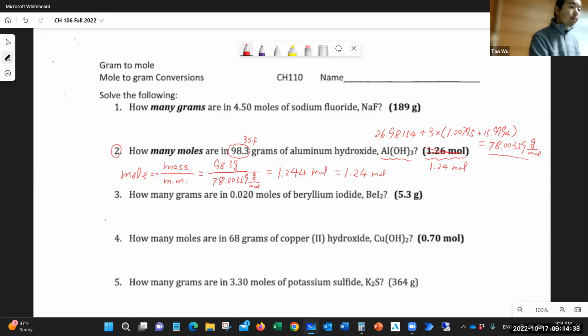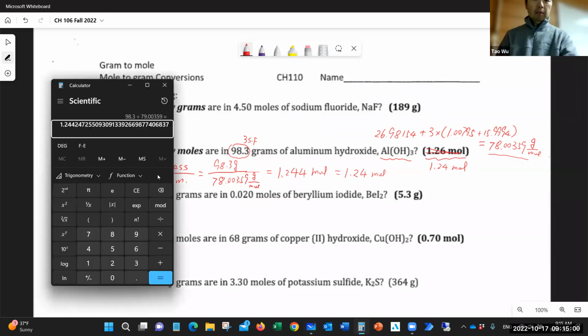Well, any questions? Anyone got 1.26? You got 1.26? So what makes your difference? I just use the numbers from here. I had 78.0035586. That's pretty similar, right?